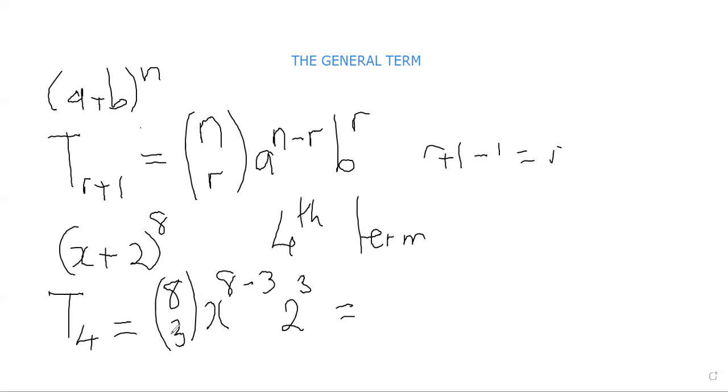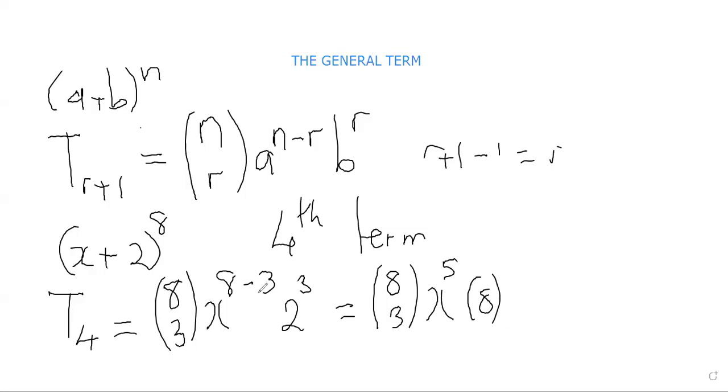This is equal to 8 choose 3 x^(8−3), which is x^5, and then 2^3, which is equal to 8, like that.